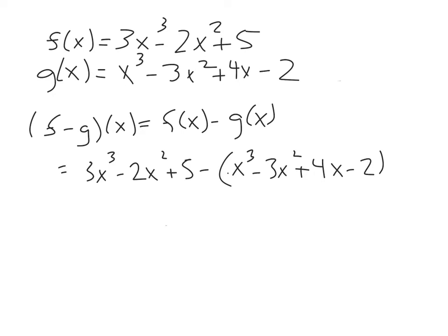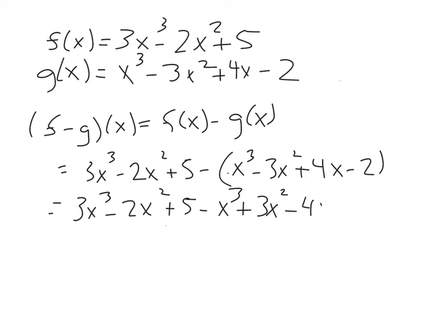So in reality, what we have here is 3x cubed minus 2x squared plus 5 minus x cubed plus 3x squared minus 4x plus 2, because that negative went to each person. Now we have to combine like terms.